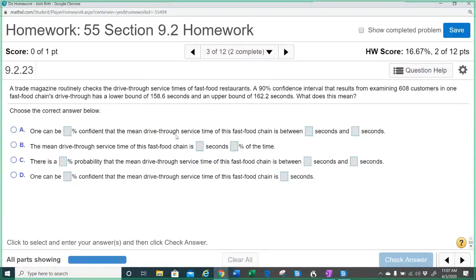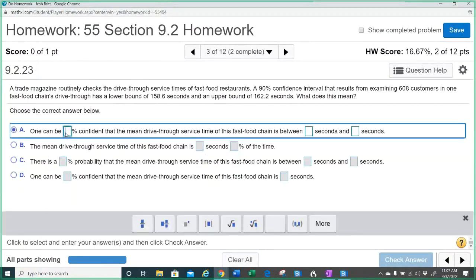The mean drive-through service time of this fast food chain is between here and here. And no, that's probability. Nope. And no. So it has to be this one here. So 90. And then lower bound, 158.6 and 162.2.